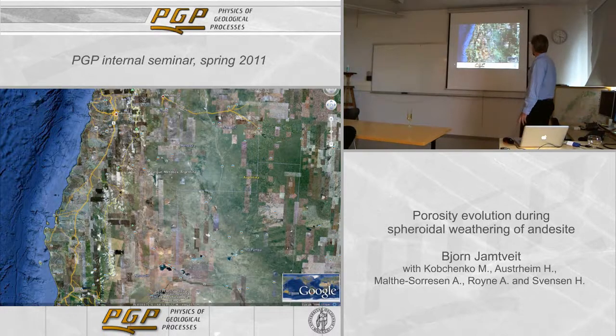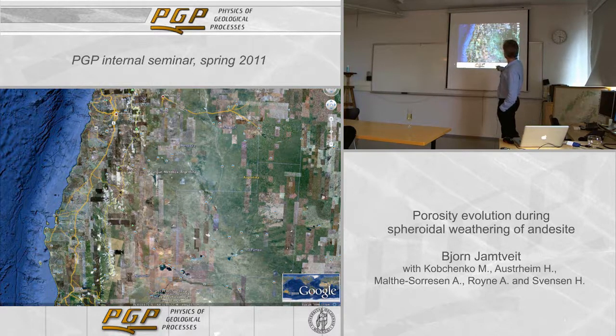So then I come to the story that started during this field trip to Argentina with Olivier and Henrik and Adriano and Sverre and many others. We went to the Neuquén Basin, and Neuquén is somewhere over here, I think.